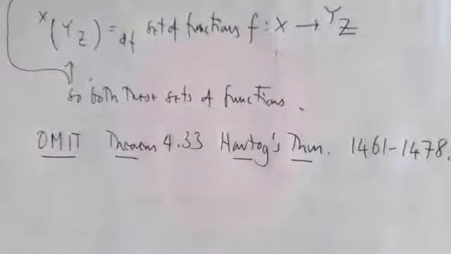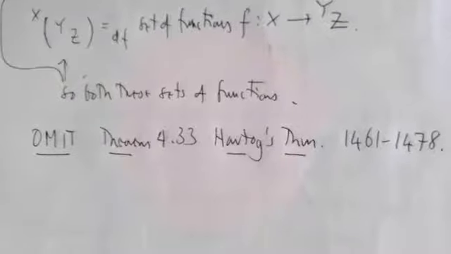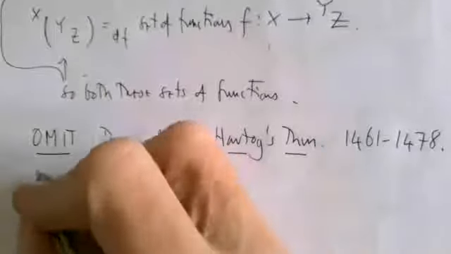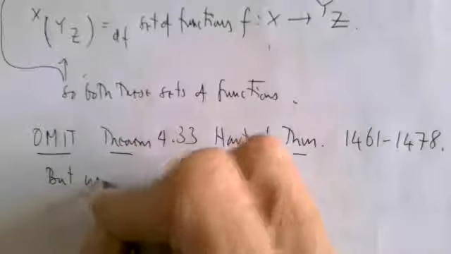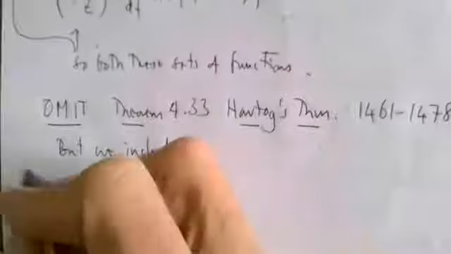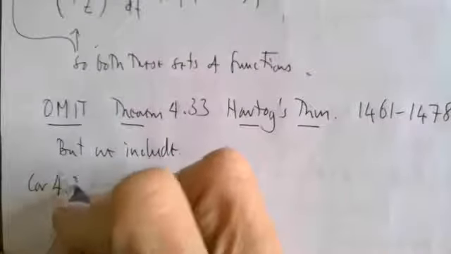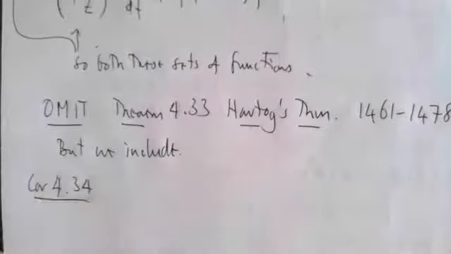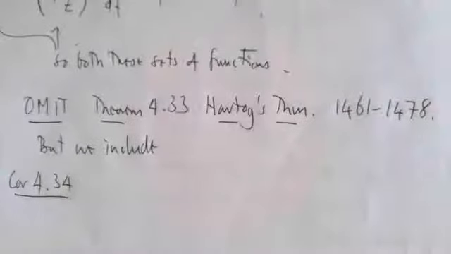But we will take the corollary afterwards, Corollary 434, which is written as a corollary to Hartogs' theorem, but actually we can prove the corollary without actually using the theorem.